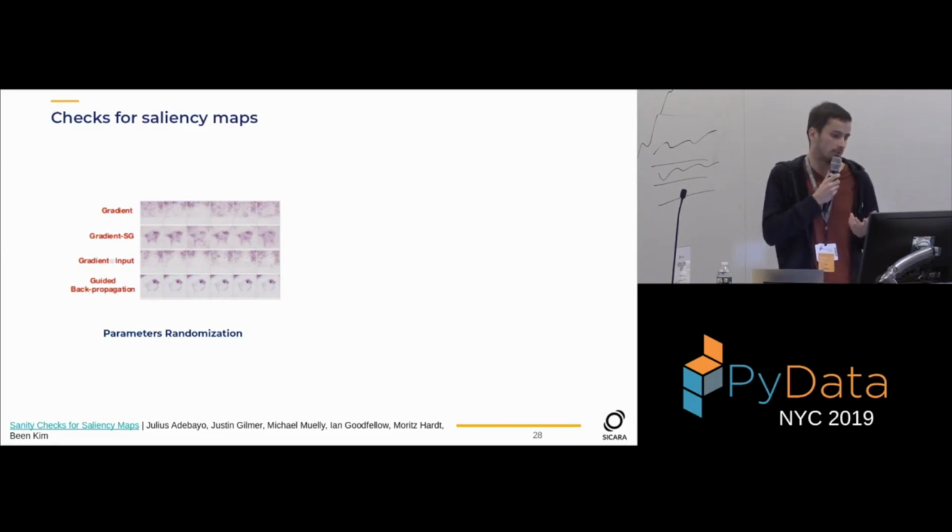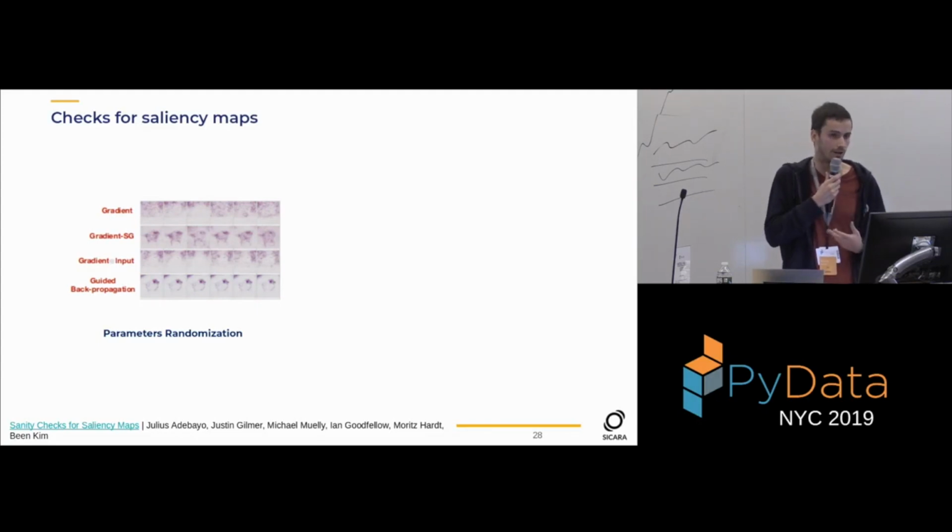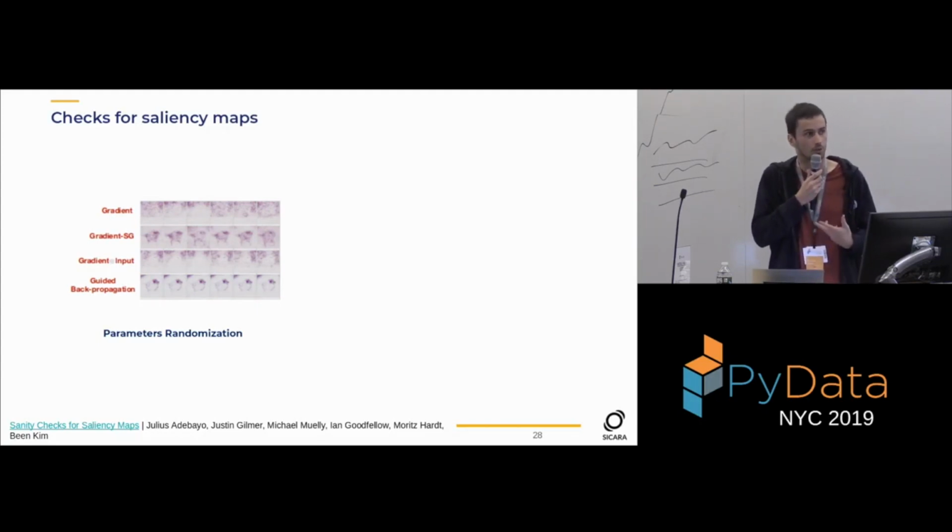Because if we really are observing the model, and if we really randomize a lot of parameters in it, the model shouldn't be able to predict anymore that it's a cat. So the explanation map for the cat shouldn't appear as it was at the beginning.